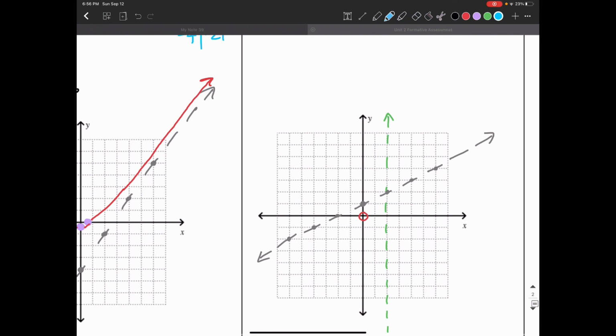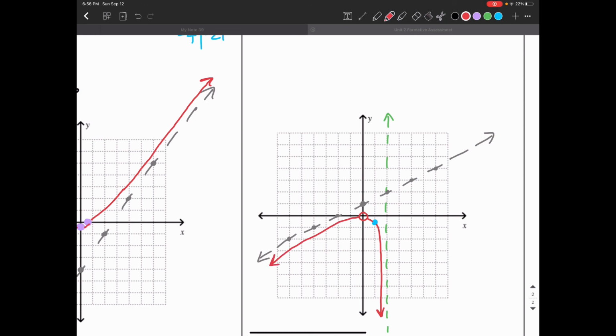So I know I'm going downwards as I approach the vertical asymptote. As I go to the left, since I won't be going through the x-axis anywhere else, I know I'm going downwards and approaching the slant asymptote.